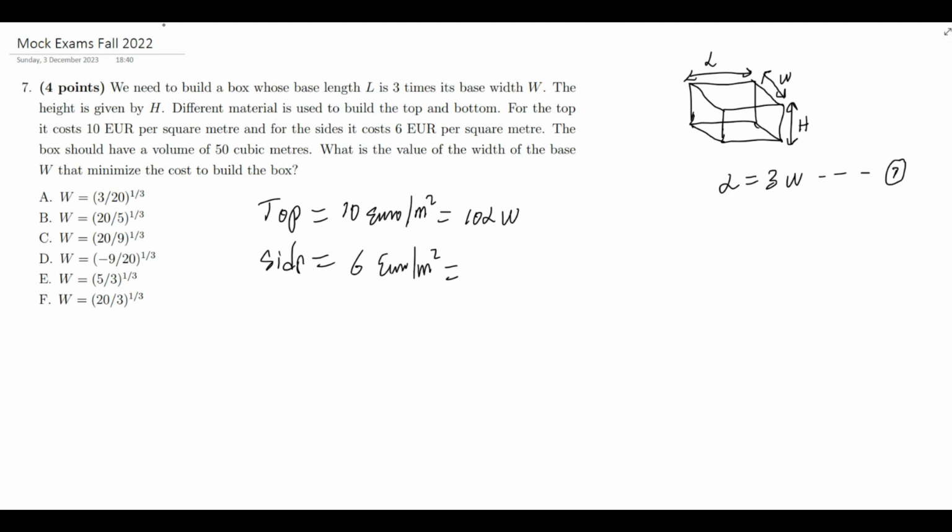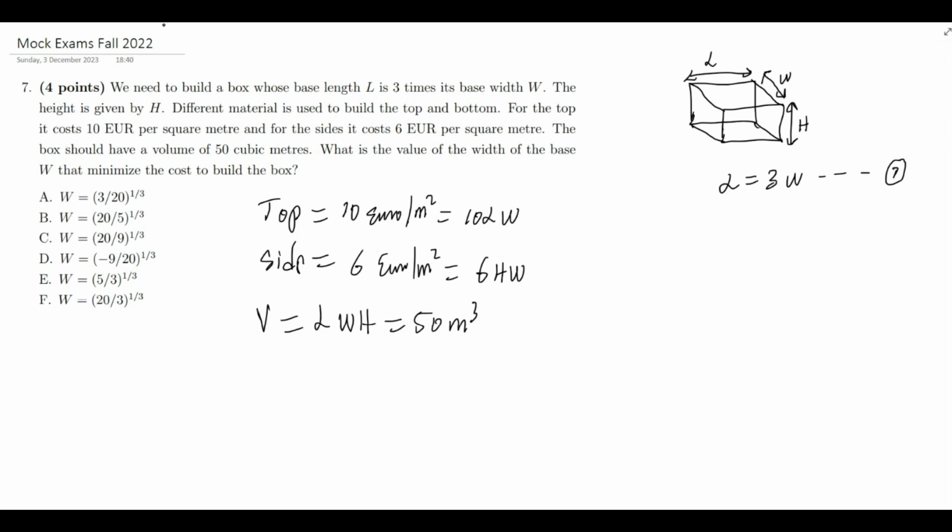Again, this is the unit for area, and the side is described by the height and the width, so it will be 6 times height times the width. Now what do we know? The question continues to say that the box should have a volume of, we know that the volume is given as length times the width times the height, and this volume is 50 meters cube, and this is the unit for volume.